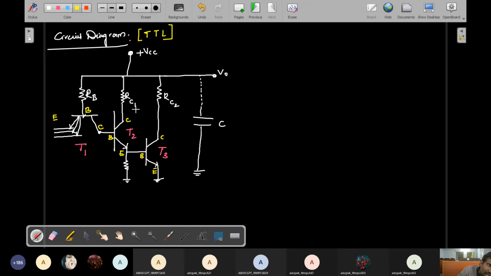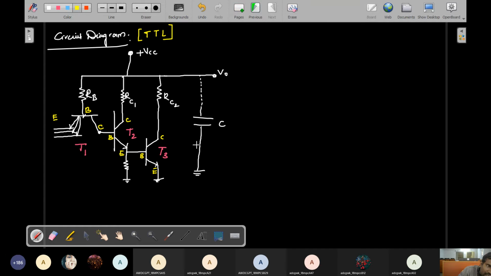See, and finally, these two are the collector terminals of transistors T2 and T3, and this collector is connected through a resistor, collector resistor RC1, to plus VCC, and this RC2 is connected through a resistor to the positive supply.